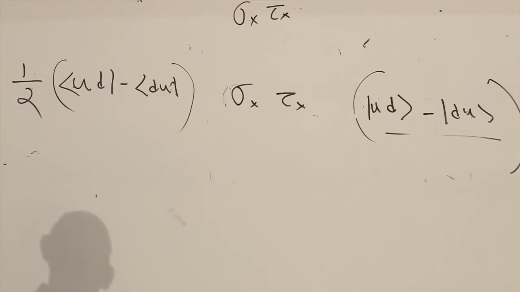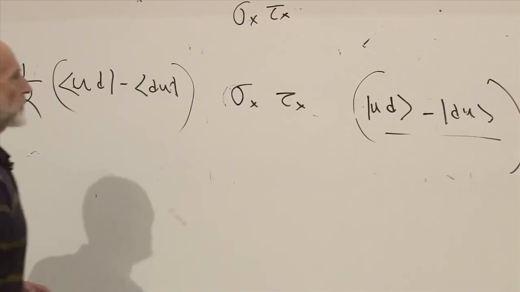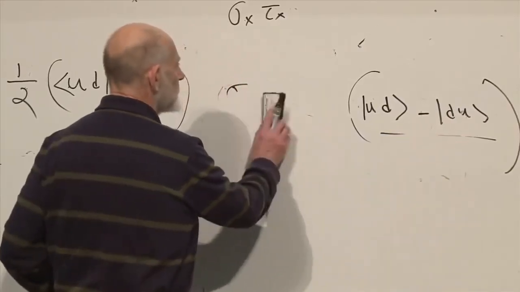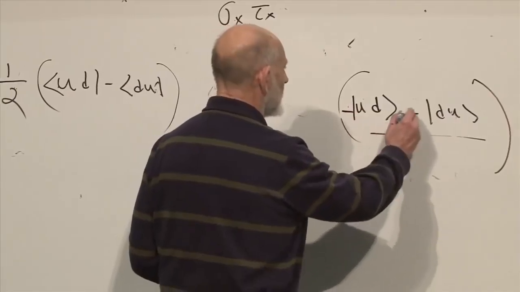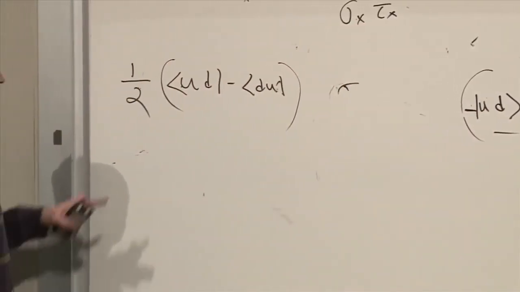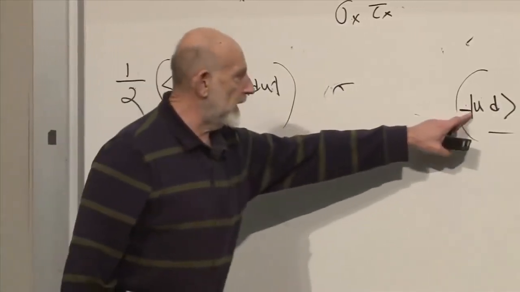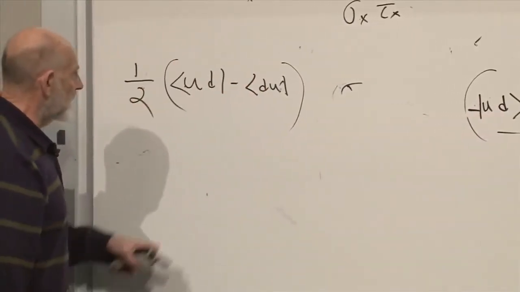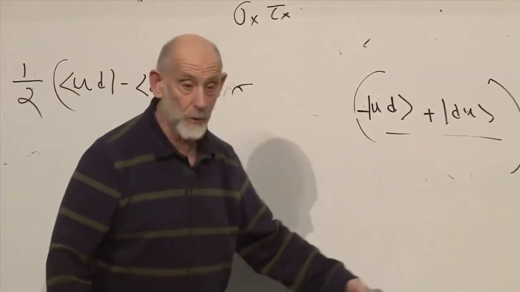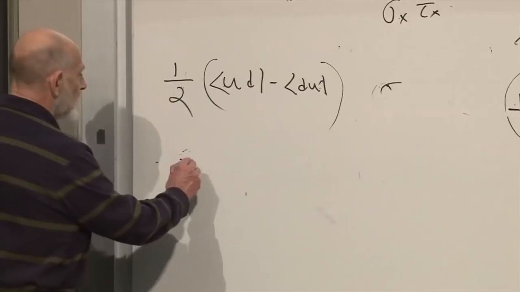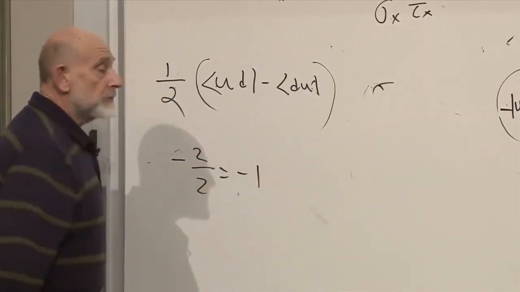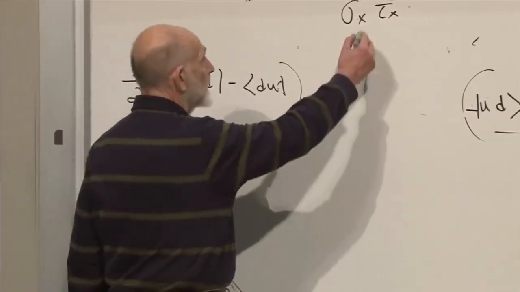It looks like it interchanges these two, right? Interchanges these two, makes this one minus and this one plus. Now what's the inner product? Up, down with minus up, down, -1, down up, or minus down up with down up, -1 again, -2 over 2 equals -1. Same exact thing.